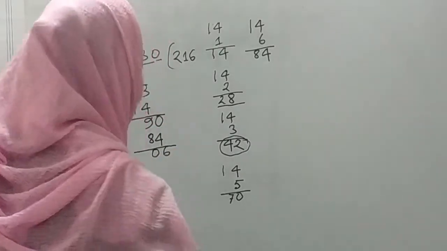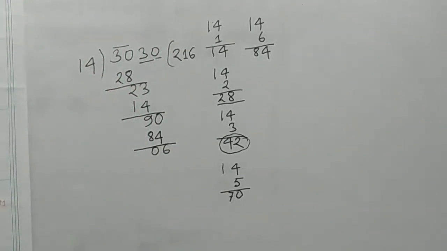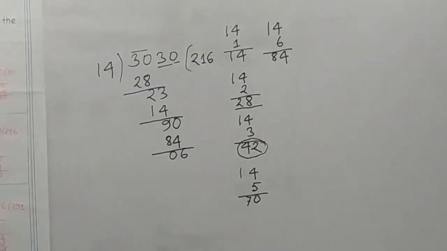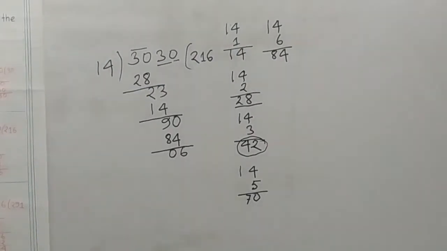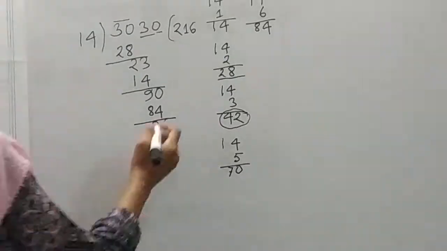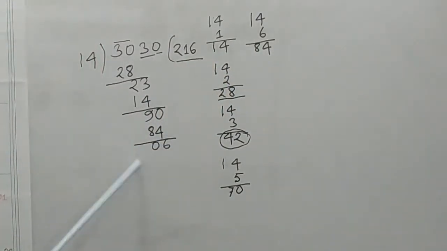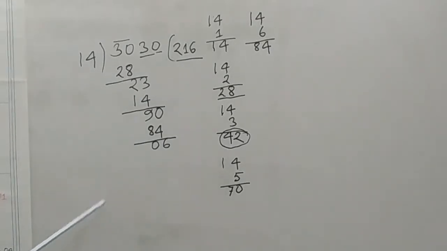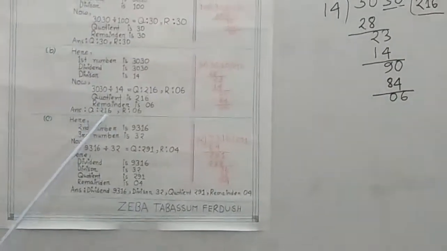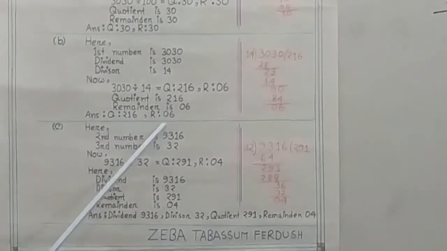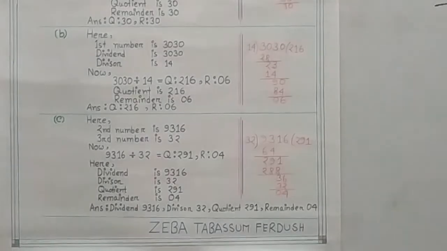Here we see that after the division, when we divide 3030 by 14, we got the quotient, that is 216, and we have the remainder, that is 06. This is our result of question B. We write down the answer like this: quotient 216 and remainder 06.